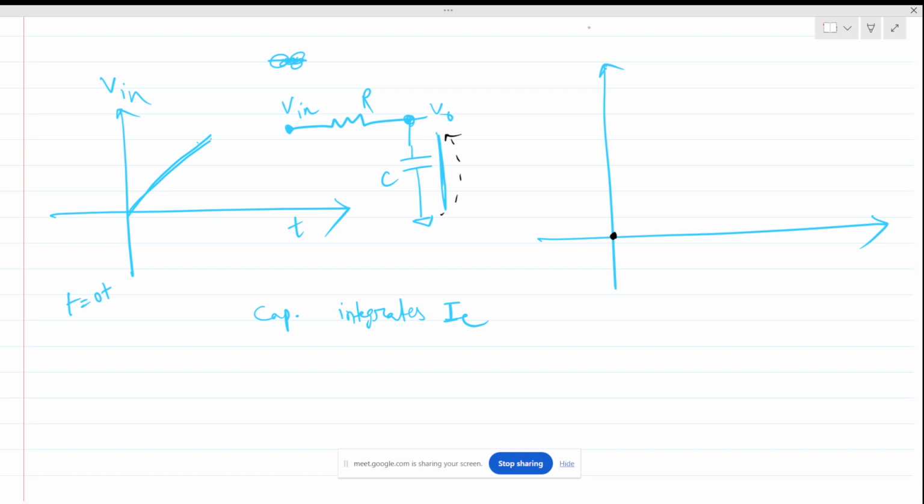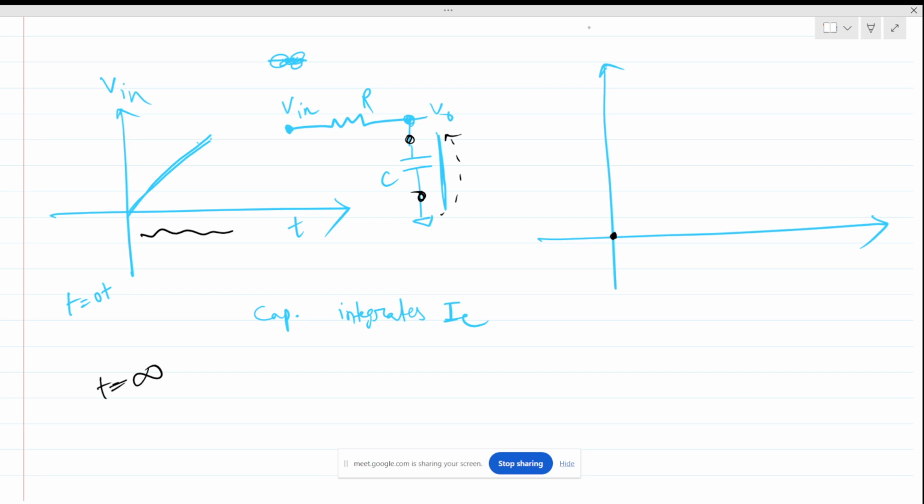Now at T equals infinity, the capacitor is open circuit, right? Because this signal carries all frequencies from 0 to infinity.